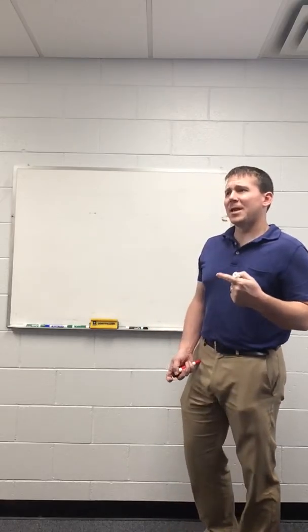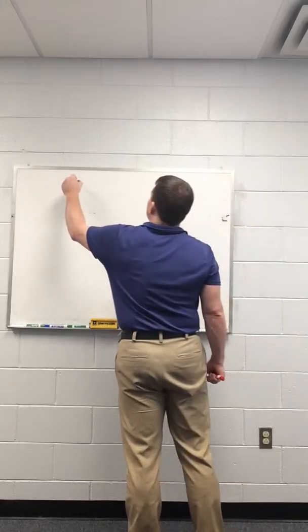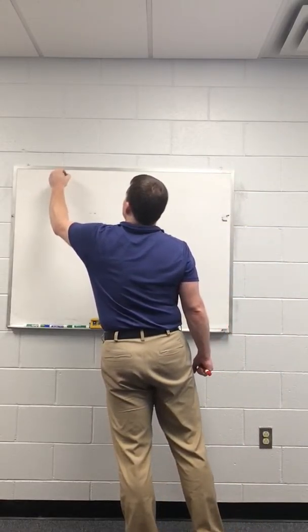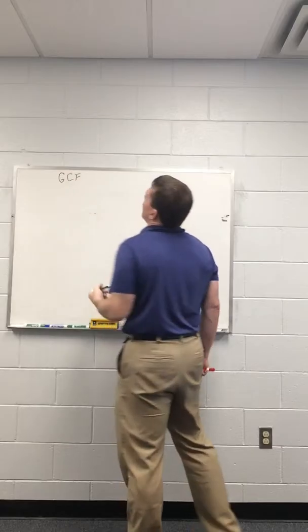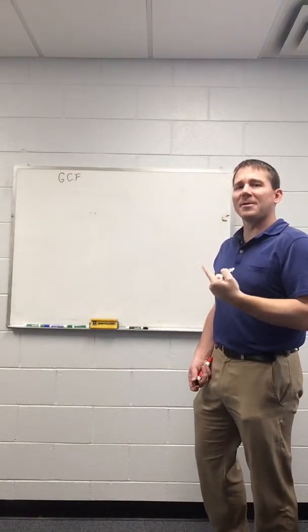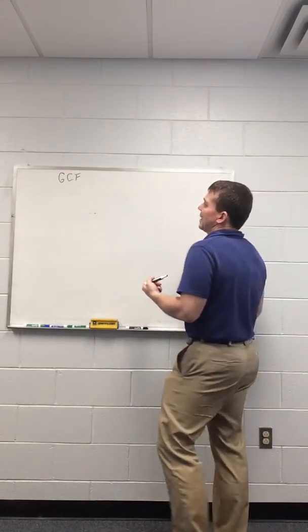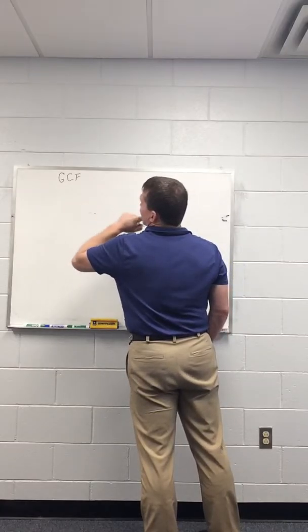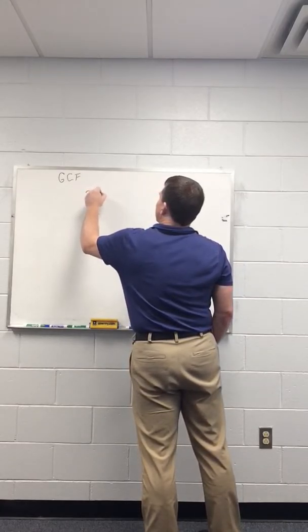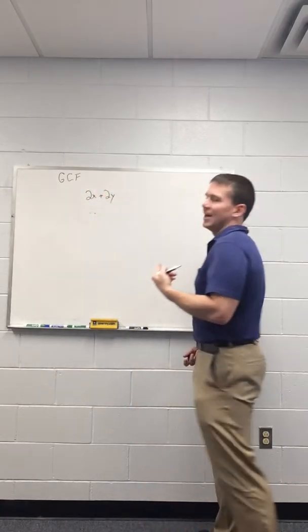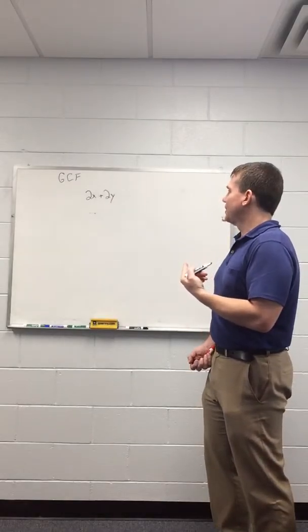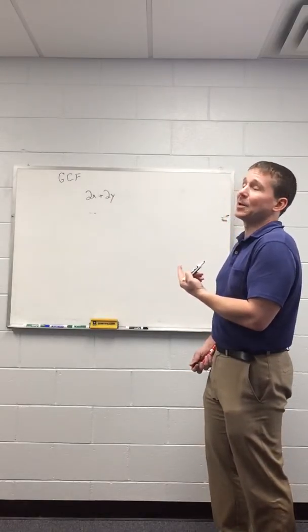So to start off with, the first type of factoring is looking for a GCF. GCF stands for greatest common factor, and basically the idea is if I have something like 2x plus 2y, I look at both terms of that polynomial and I say, what do they have in common?